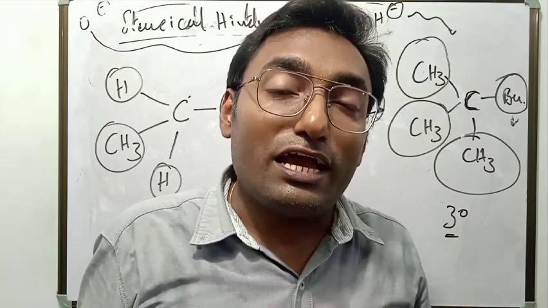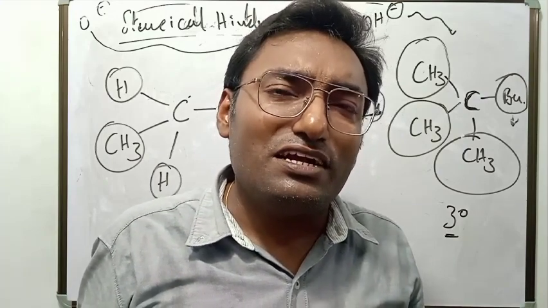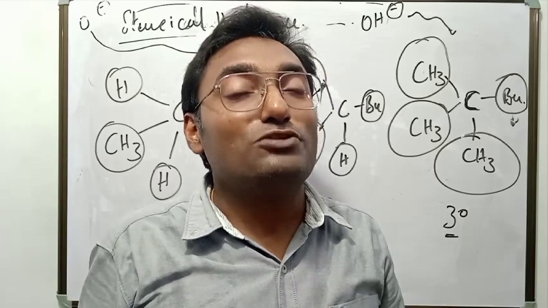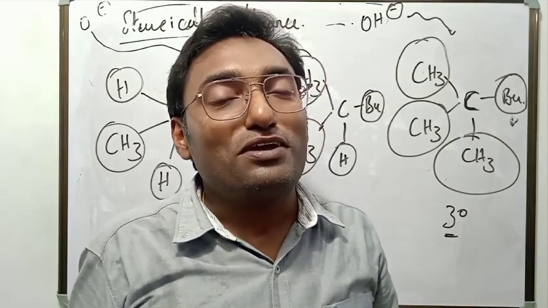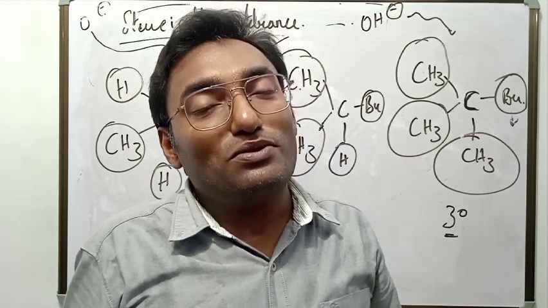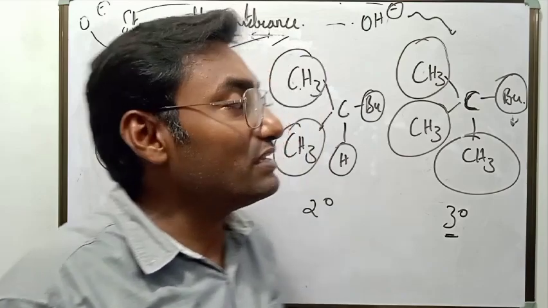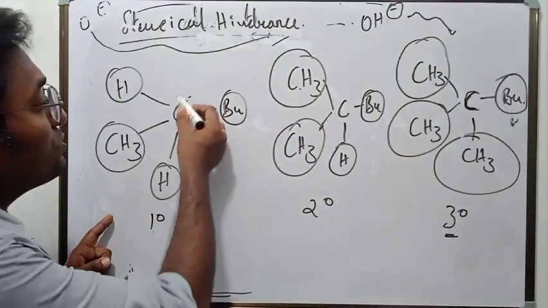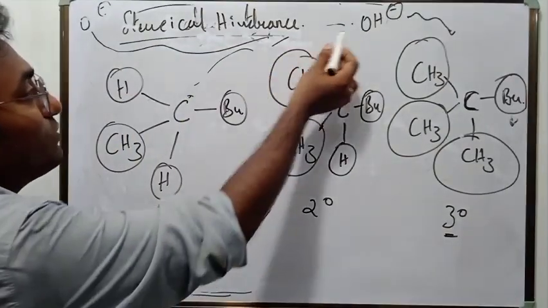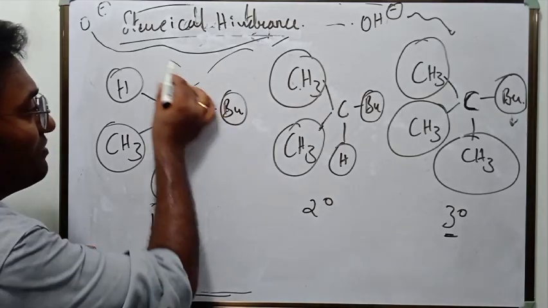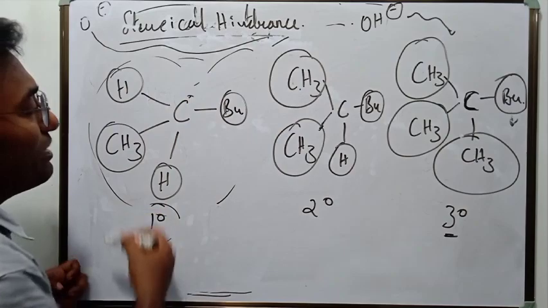And actually SN2 reaction doesn't need the formation of a carbocation. So primary alkyl halides show SN2 reaction. And also we have seen stereochemistry, where primary alkyl halide has more space so that collision can take place. So these are the 2 factors that favor SN2 reaction for a primary alkyl halide.